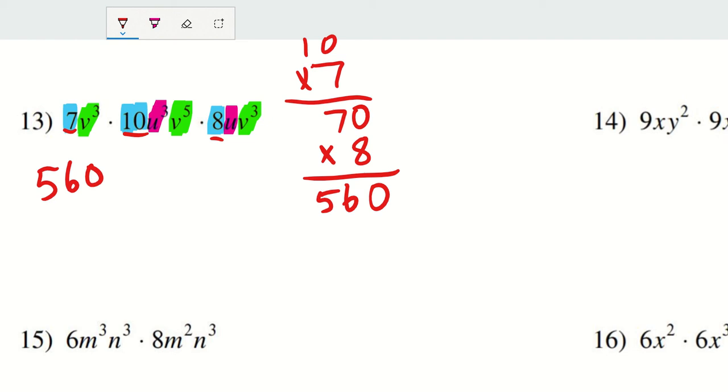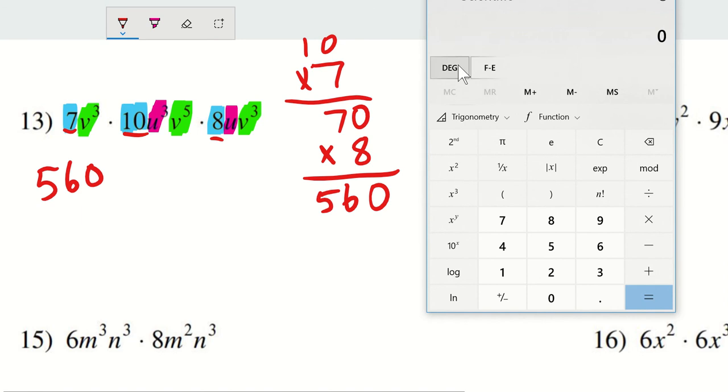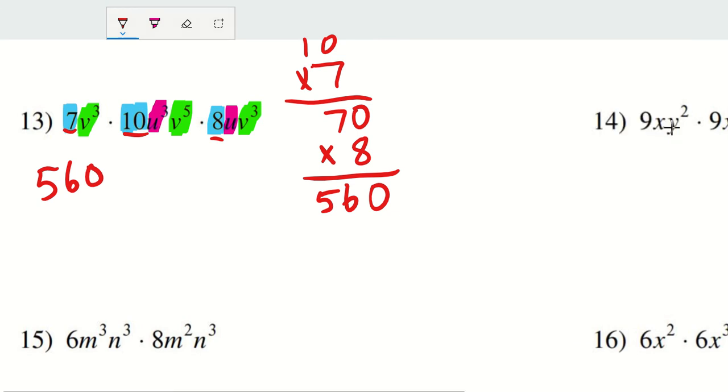And remember, you could always use a calculator for this step. If you're not sure, you could use a regular calculator and just multiply the 3 numbers, 7 times 10 times 8, and it's 560. So you could always use a calculator just to make sure.